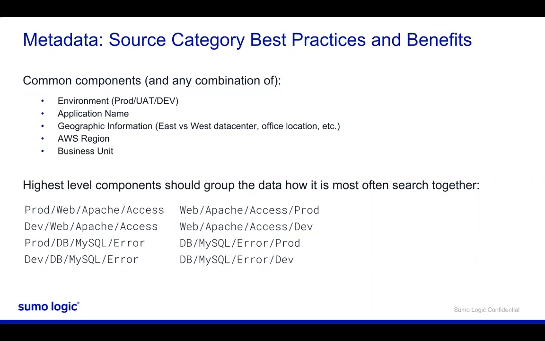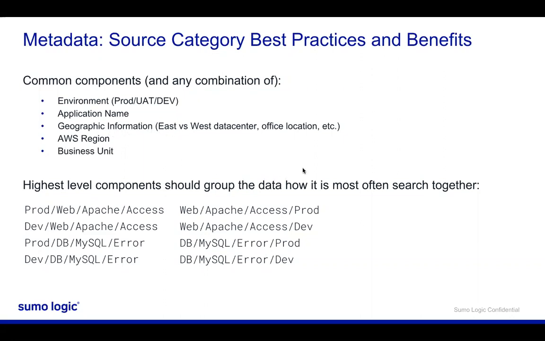AWS region. If you're not using AWS, the AWS regions are probably not going to be a good component for you. And then business unit. Do you want to separate your sales data from your development data? Once again, maybe, maybe not, probably, but that would be a good one. And then you can come up with any others that might make sense. These are just some suggestions that we've seen.